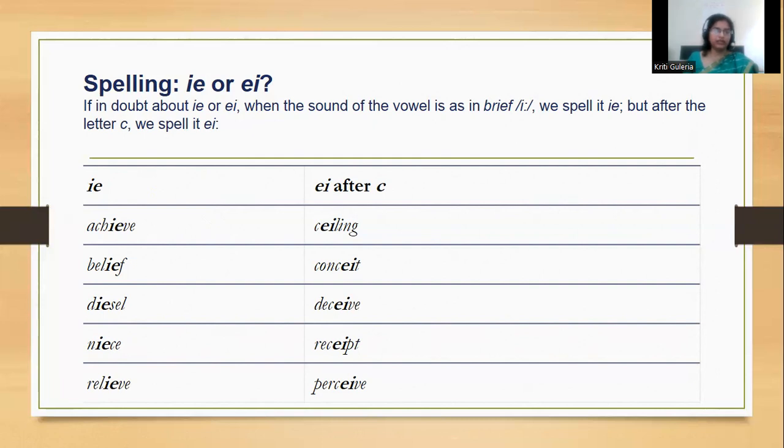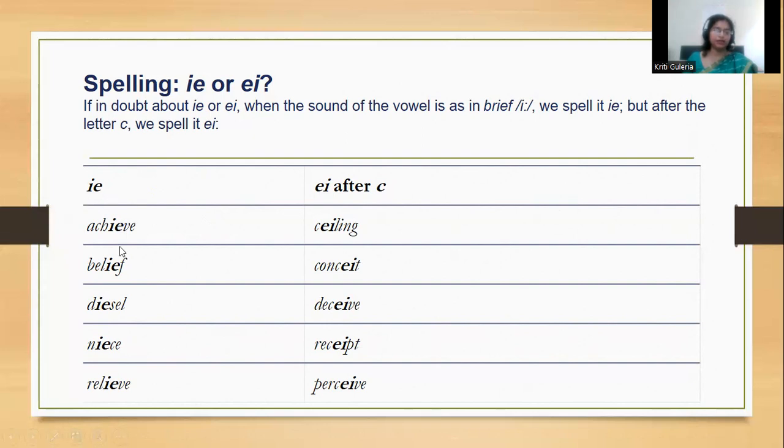The easy way to remember is this: you have to add EI after C, in words like ceiling and perceive. So always remember that after C, it is always EI, whereas with other consonants, it becomes IE.